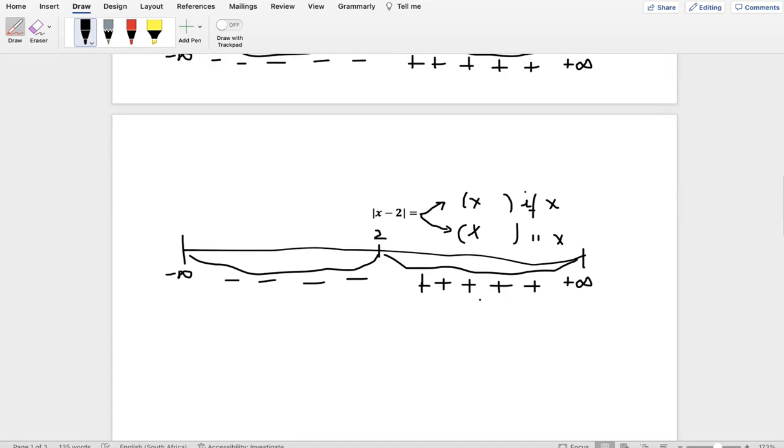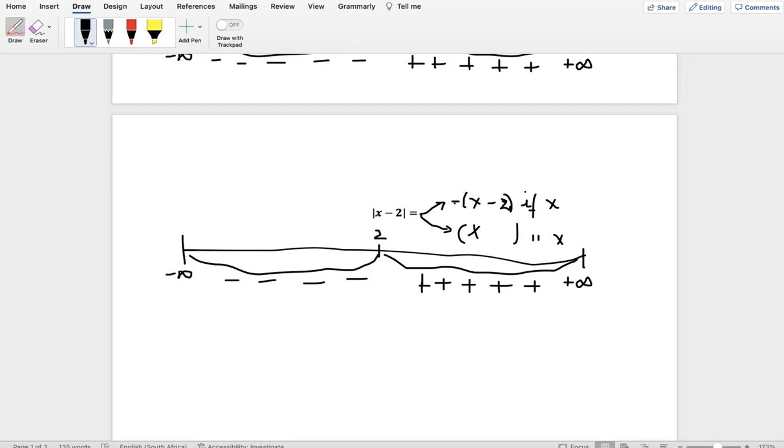So when you take a value that is less than 2, it makes x minus 2 negative, meaning you have to put the negative sign in front of it when you take the absolute value, because whenever you take the absolute value of a number, it has to be positive in the end. And how do you make x minus 2 positive when x is less than 2?